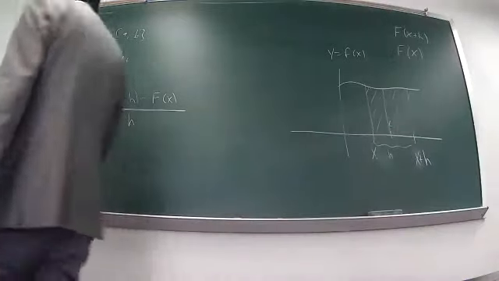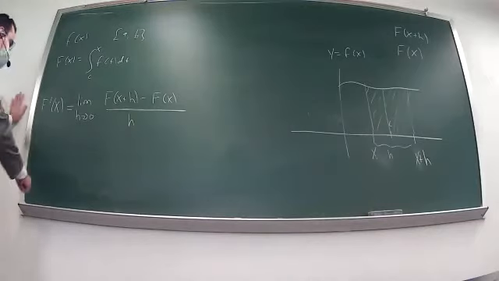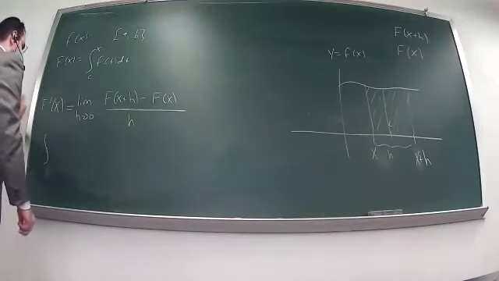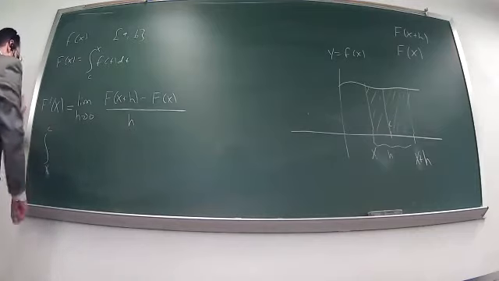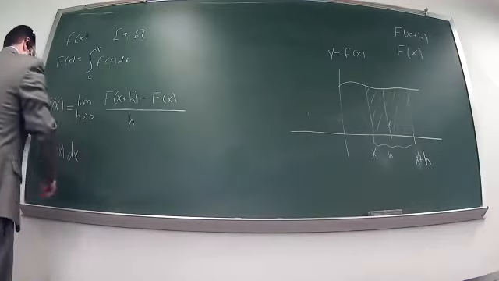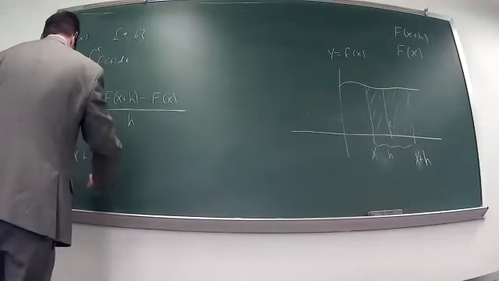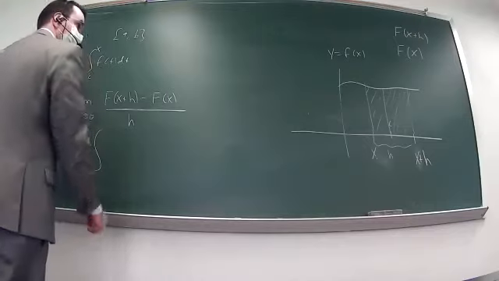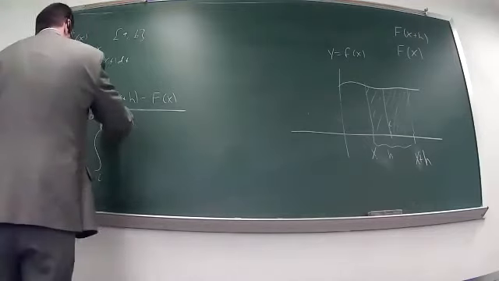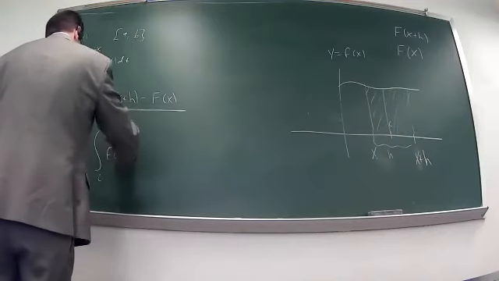And you've got this additivity of domain theorem that says something like the integral from x to C of f of x plus the integral from C to x plus h of f of x dx.